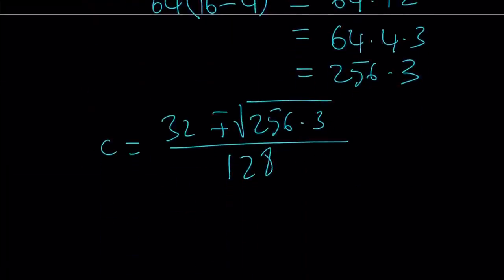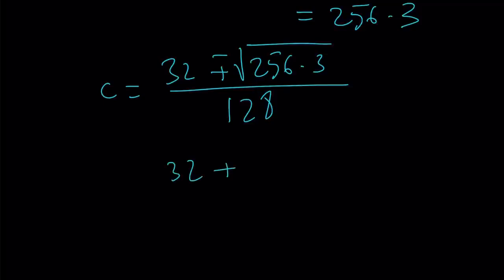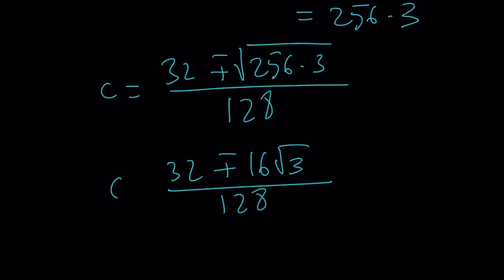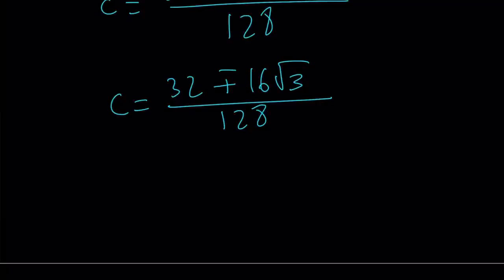So now the square root of 256 is 16, and I just have a 3 inside the radical. Now, this is good because I can simplify. The greatest common factor is 16, so I can divide everything by 16, and that gives me something real nice: 2 plus or minus root 3 divided by 8.